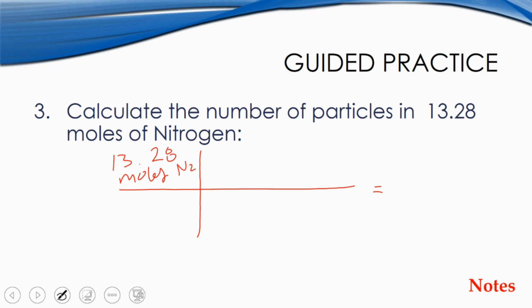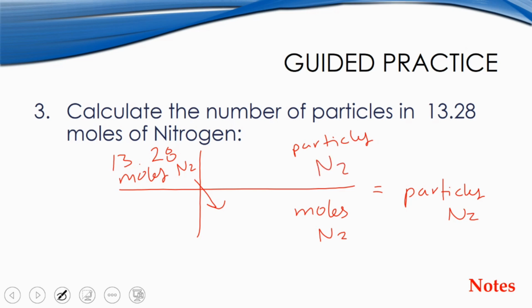And we are being asked to calculate for particles, also of nitrogen. So we begin the process. You bring down the units. We want to cancel. We are canceling because we are not being asked for moles. We're being asked for molecules, so the moles has to go. And then on top, we write the unit we are looking for. So we write particles.